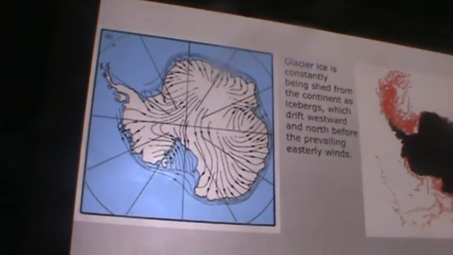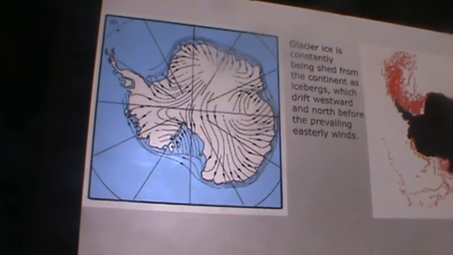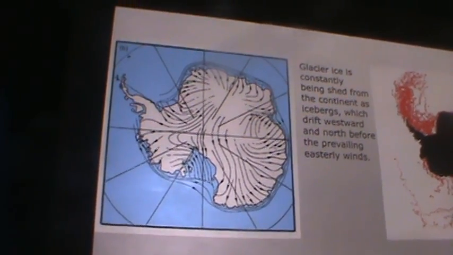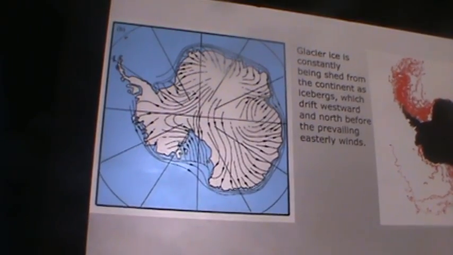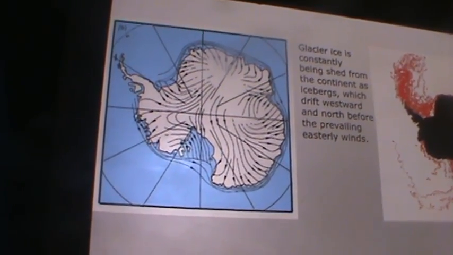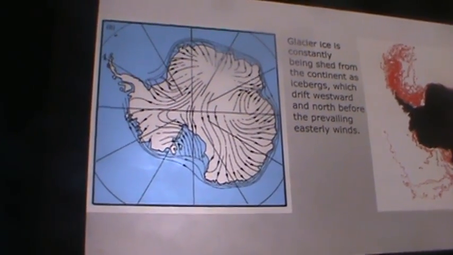There's the Antarctic circumpolar current that goes round and round clockwise around the continent, and these icebergs will get caught in that drift, and then they get caught by the wind, and gradually they're drifted north and east by the winds as they're taken away, and then they gradually melt as they get further away from the continent.